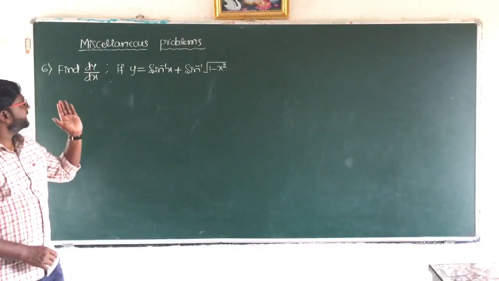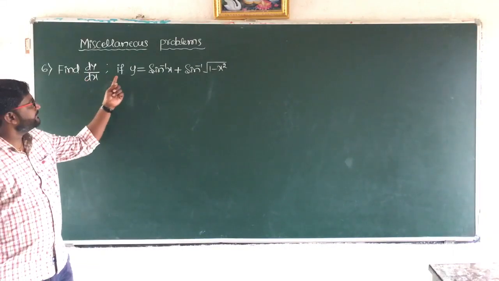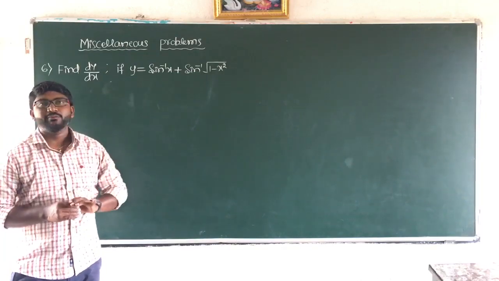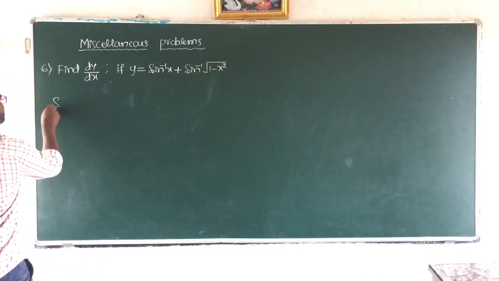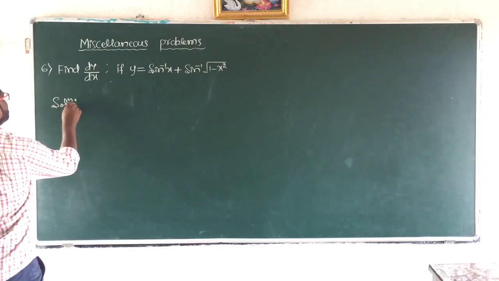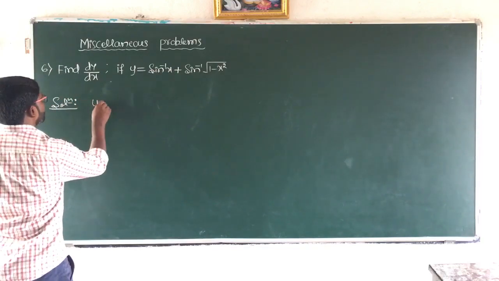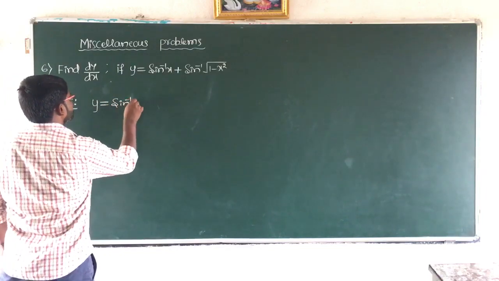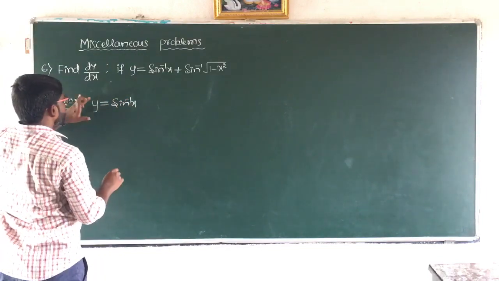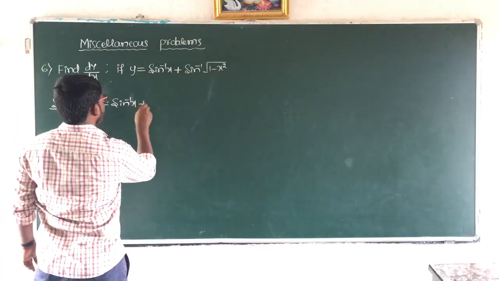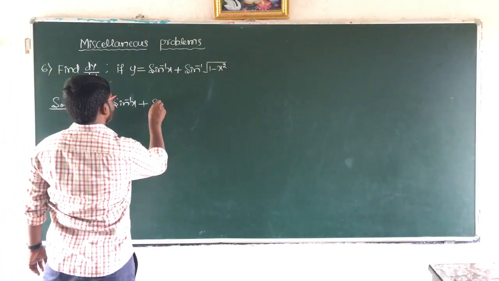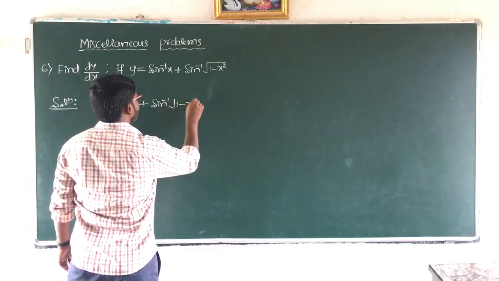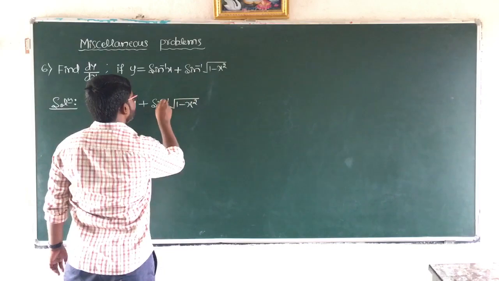So the next miscellaneous question: find the dy by dx if y is equal to sin inverse x plus sin inverse under root 1 minus x square. So write the given function as it is, y is equal to sin inverse x plus sin inverse root 1 minus x square.